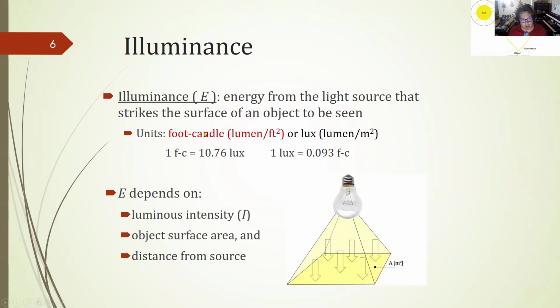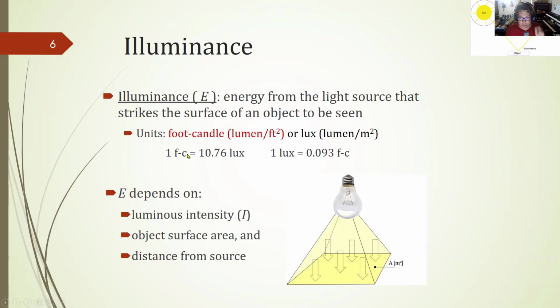So we can talk about the amount of energy that strikes a square foot, that's a foot candle, or the amount of energy that strikes a square meter. Because a square meter is larger, it takes a greater amount of energy. Here's our conversion, right?